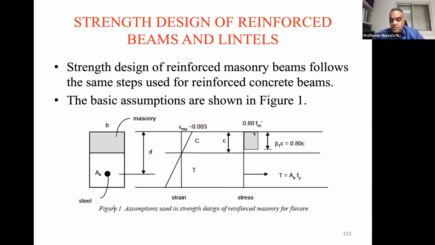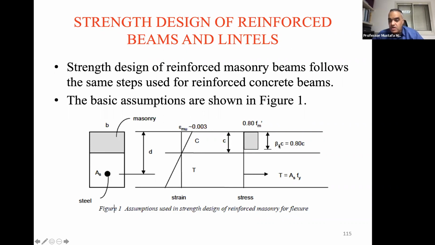And here the stress distribution is this rectangular block, which we used in concrete, that Whitney block. That is 0.80 f'm. We typically use 0.85 f'c in concrete. The depth is beta 1 times c, the same thing as in concrete.